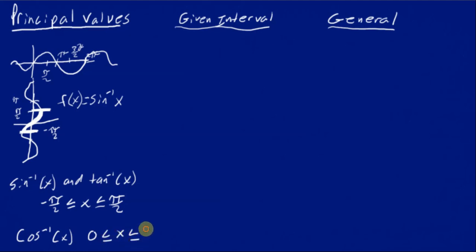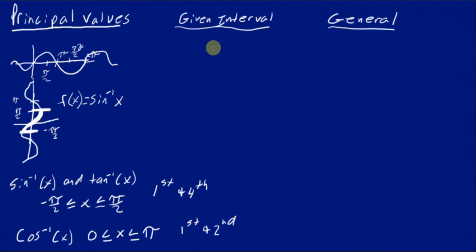That makes a little more sense. So basically these two are in the first and fourth quadrant, and the cosine will be in the first and second quadrant. And it just has to do with how we limit the inverse of the trig functions to make it a function.